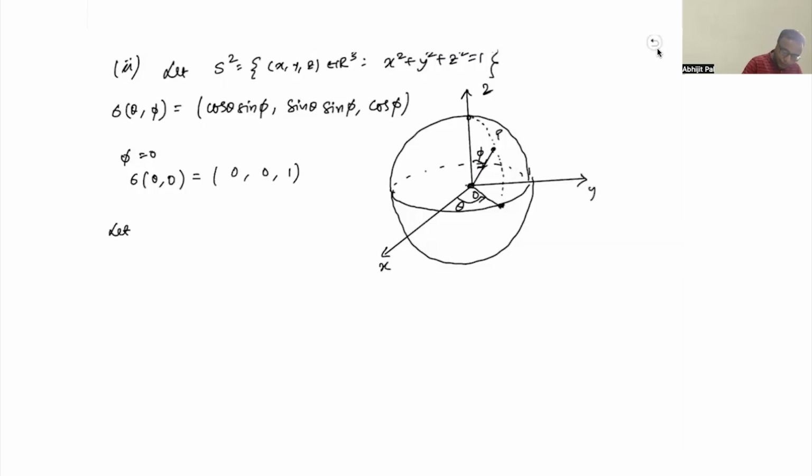Okay. All right. Now let us take U to be equal to (theta, phi), where theta is varying in this open interval, and phi is varying from 0 to pi.